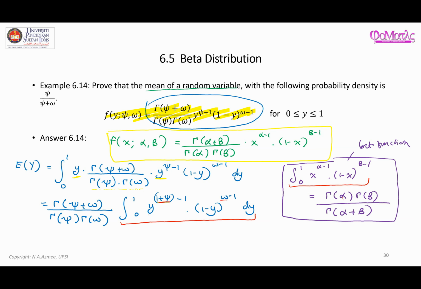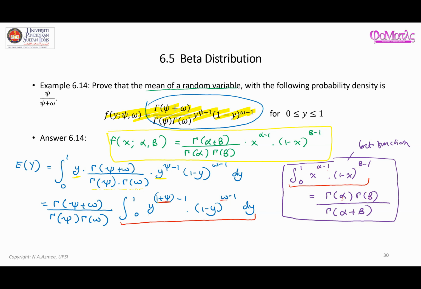So we can just use the result and replace this one at the alpha position, because here we have something minus 1, and omega can be replaced at the beta position.